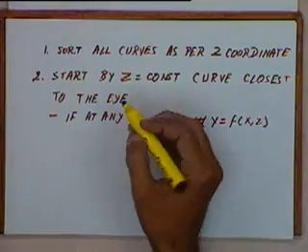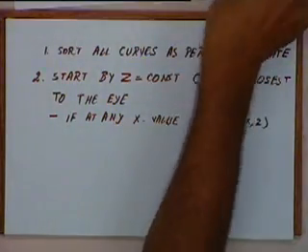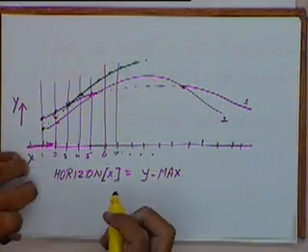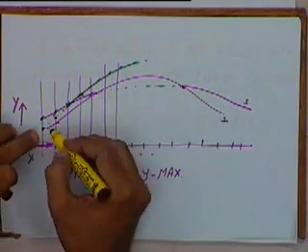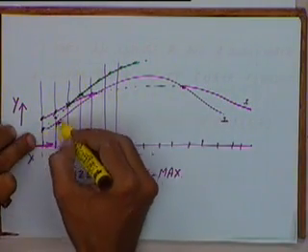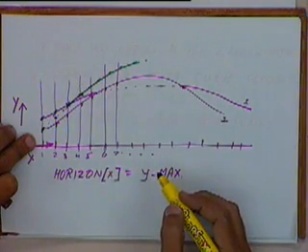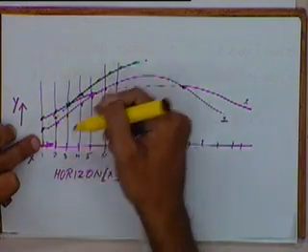Now we have taken the first curve, the one that is closest to the eye. For the first curve we will examine the y value at each successive location, and compare this y value with the current value of the horizon.